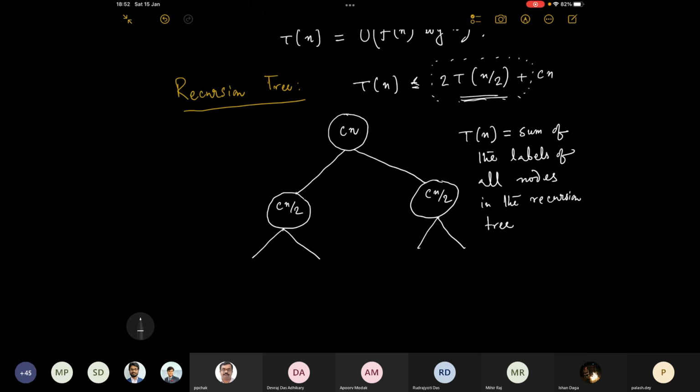This pictorial depiction is so vivid and makes the computation so visible that it is very easy to compute the time complexity.